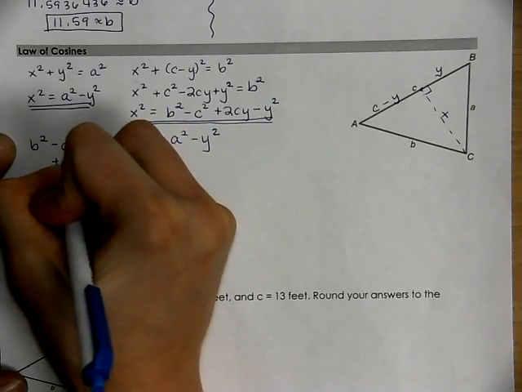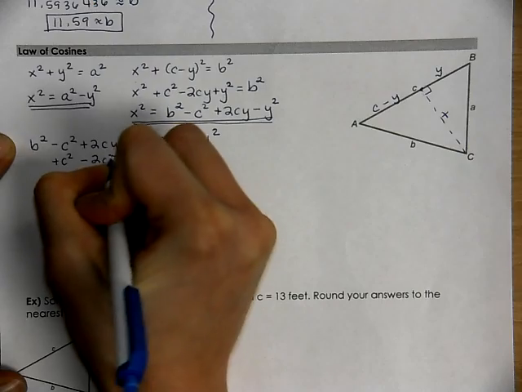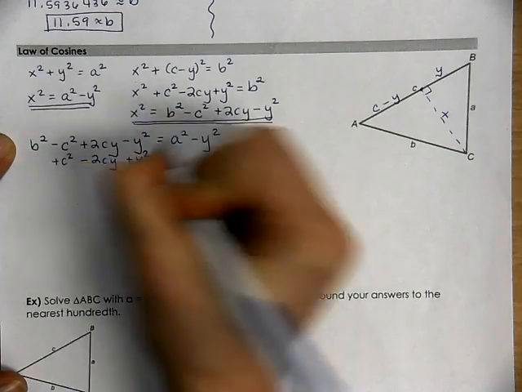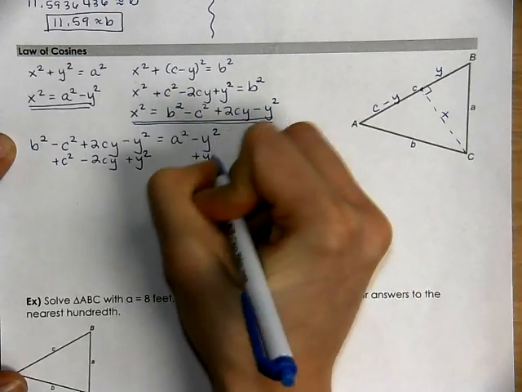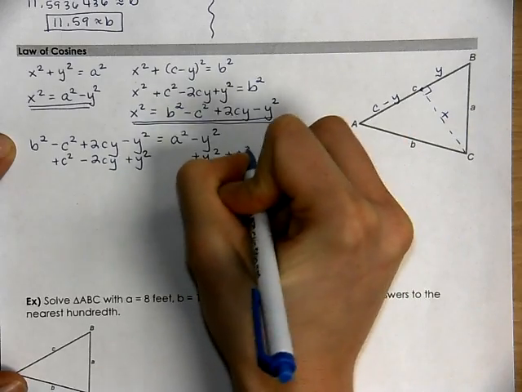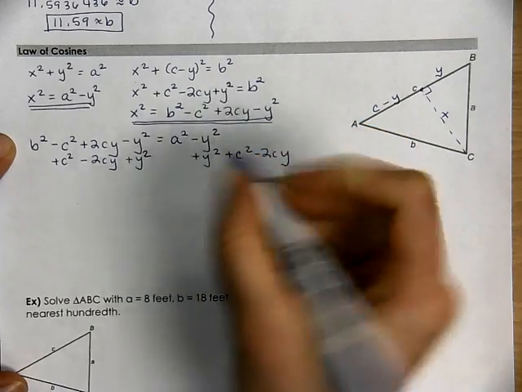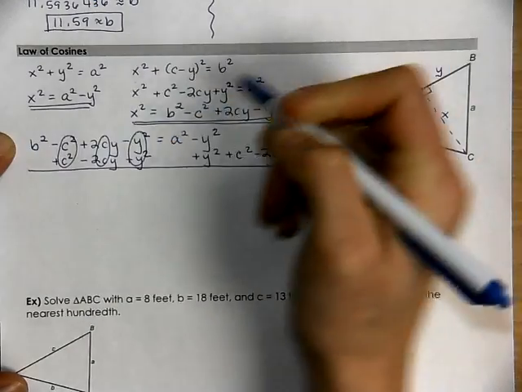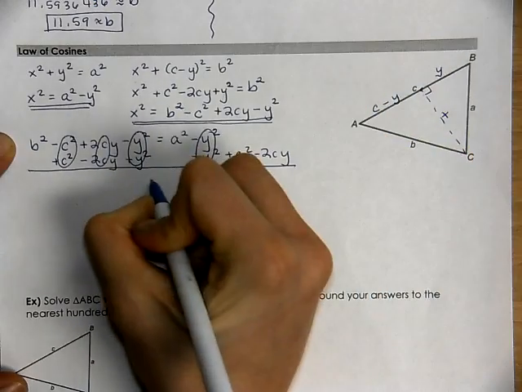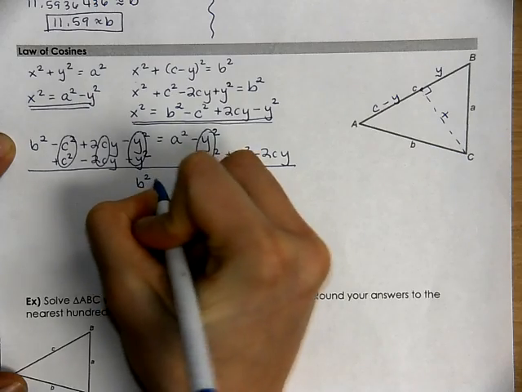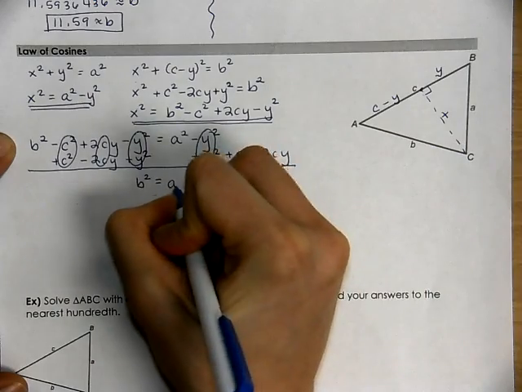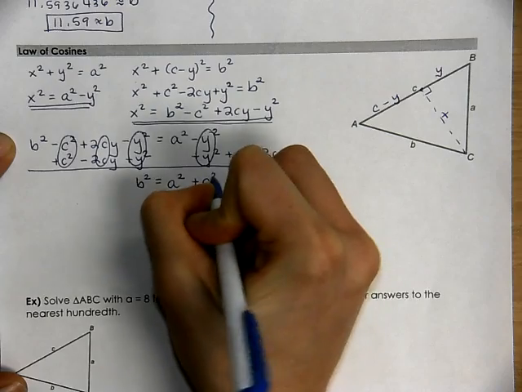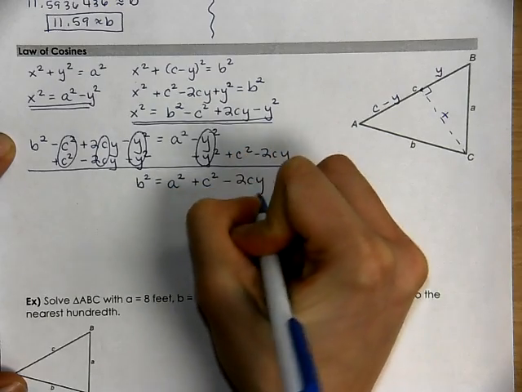I do that by adding c squared to both sides, subtracting 2cy, and adding y squared. I'm going to line this up with the like terms. And then when we add this, these all add to be 0, and we'll see what we have remaining. b squared is equal to a squared plus c squared minus 2cy.